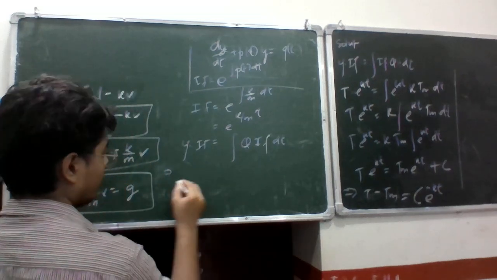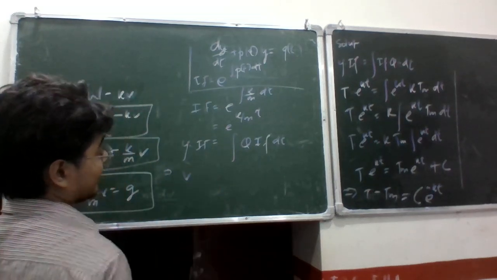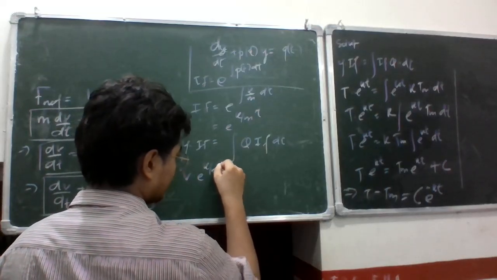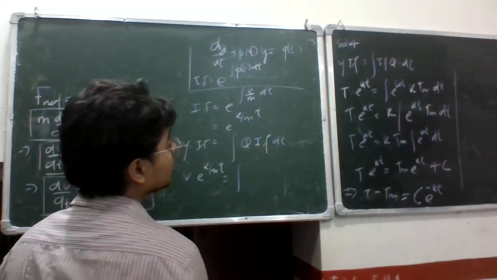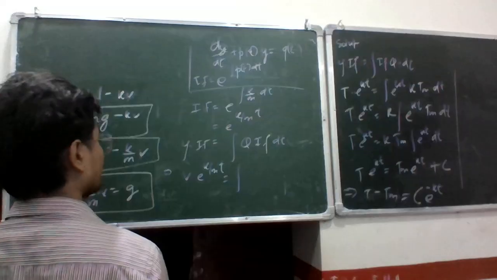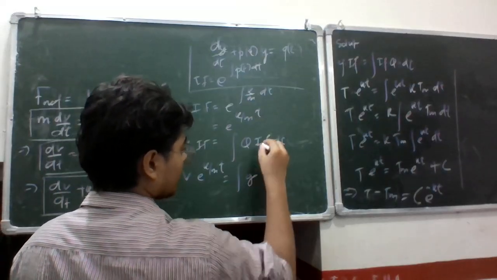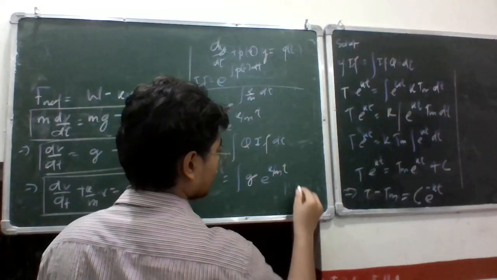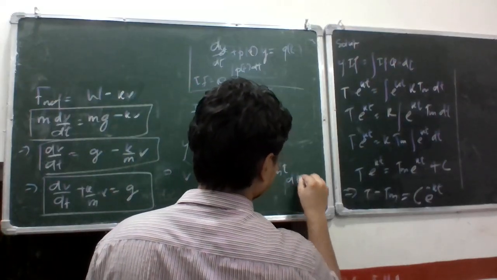Y is our v, so v times e^(kt/m) equals the integration of q, that is g, times e^(kt/m) dt.